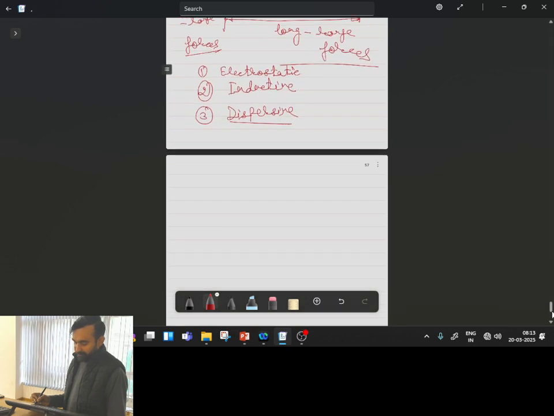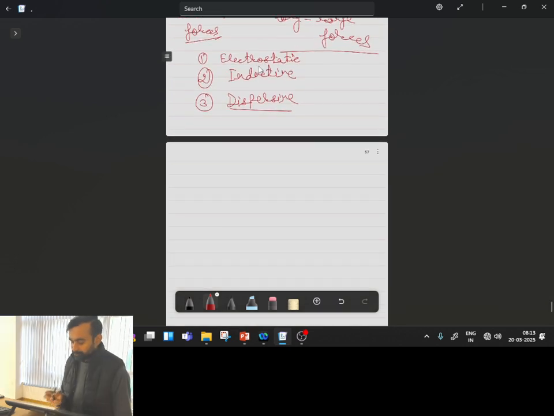So typically, if we see a molecule like water, what happens in the case of water? It is something like this. Now this oxygen atom is more electronegative, so it will have some permanent delta negative charge, and the hydrogen atoms will have a permanent delta positive charge.